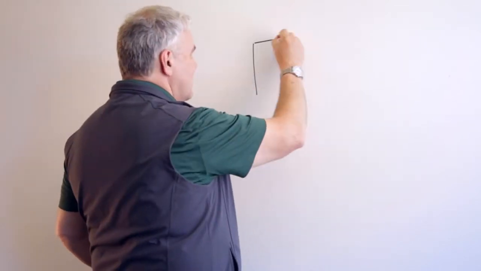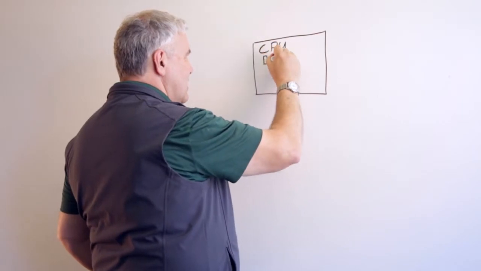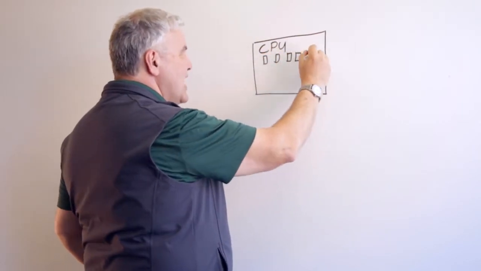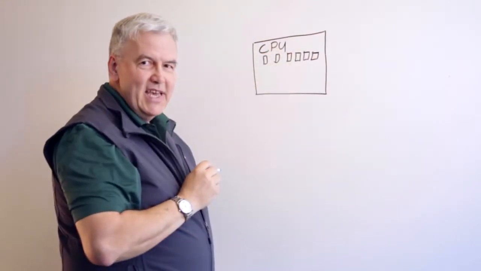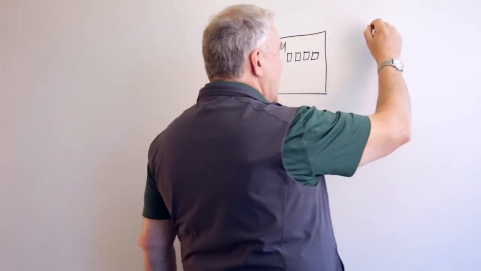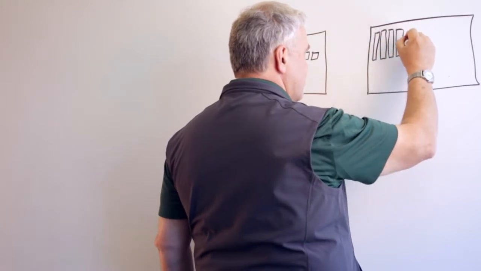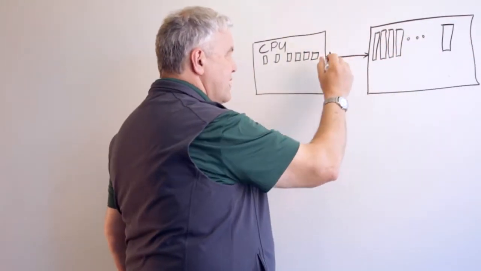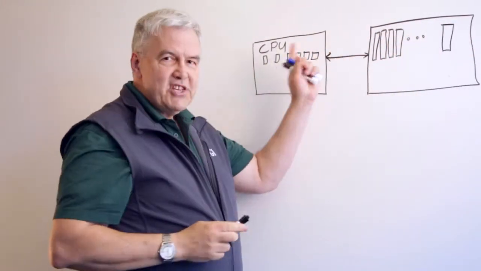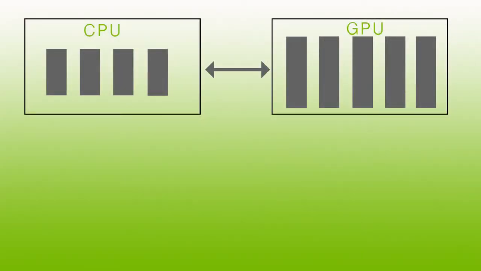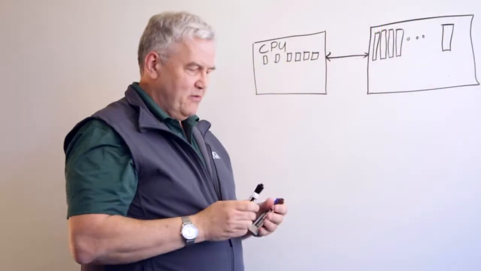Let's take a look at how these systems are put together. So here I have a multi-core CPU, and I'm going to attach it to a highly parallel GPU. Today, the connection between the two is a PCI Express bus, which is a really great I/O bus, not such a great memory bus.